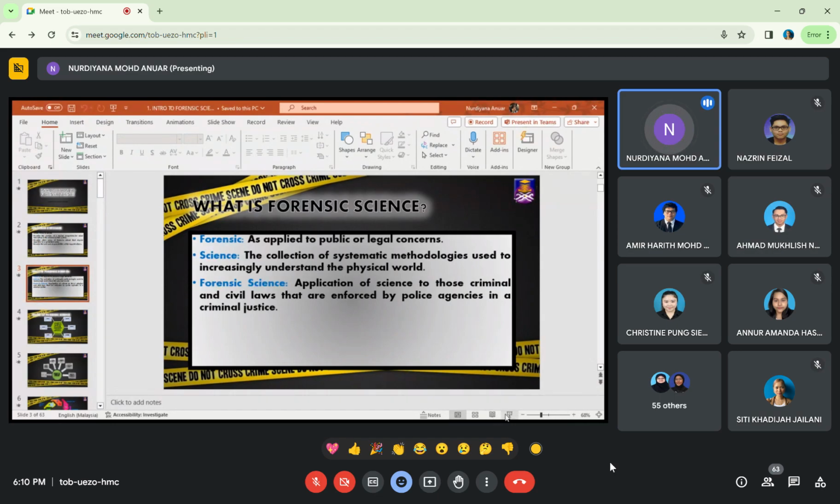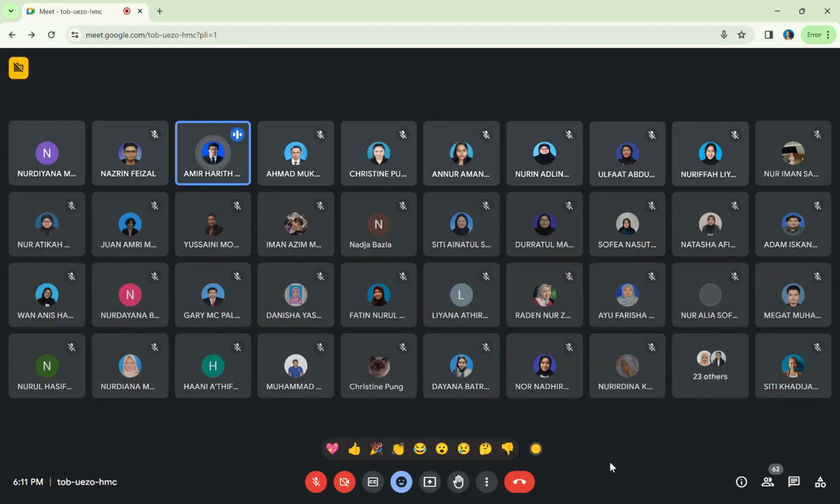Google Meet changed their settings, so I'm confused. You have to open the slideshow immediately and then share. Okay, hold on, I'll try that.